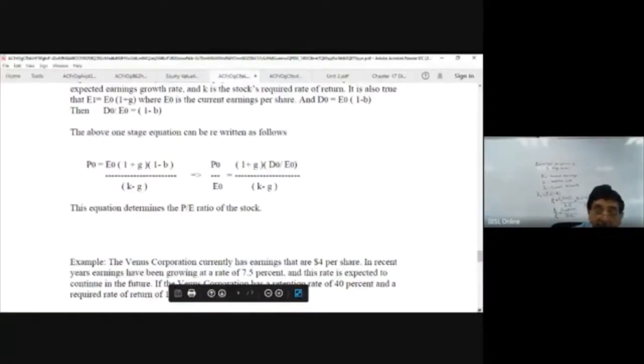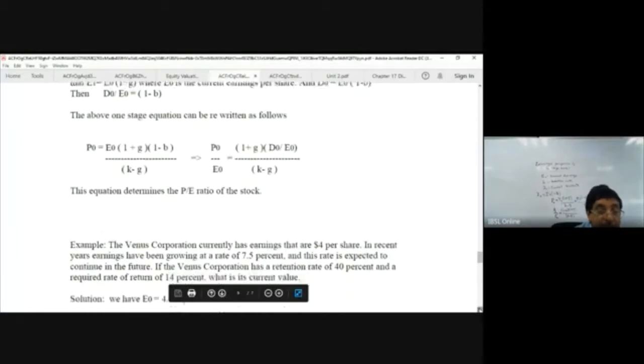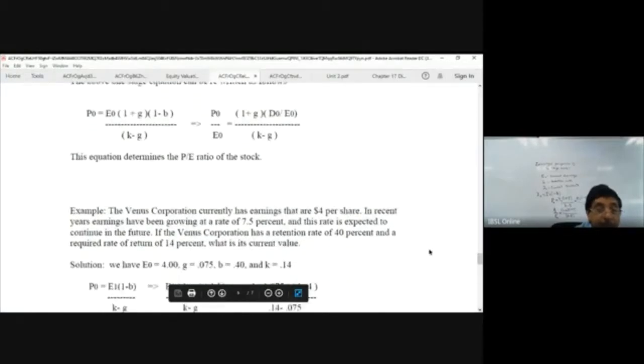Now we will go to the example. The Venus Corporation currently has earnings that are $4 per share. In recent years, earnings have been growing at a rate of 7.5%, and this rate is expected to continue in the future.